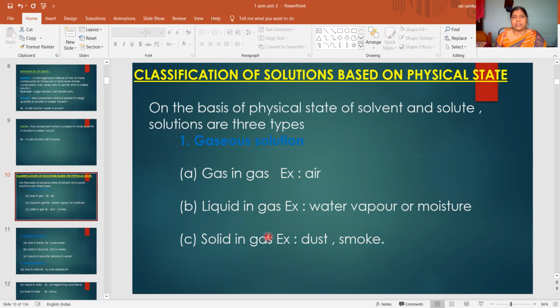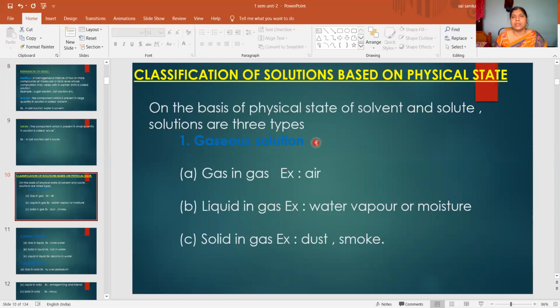That means gas quantity is more, and the solute may change. Sometimes gas is solute, sometimes liquid is solute, and sometimes solid is solute. These types of solutions are called gaseous solutions.